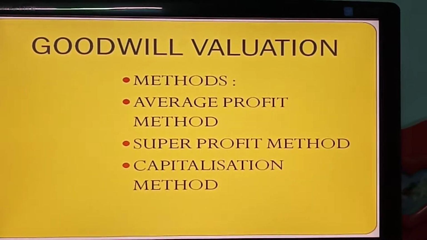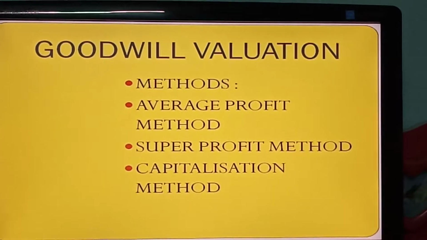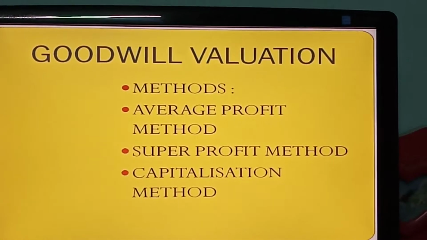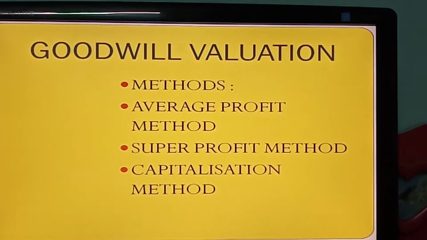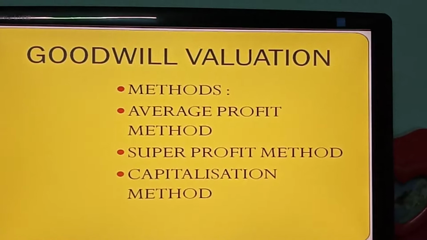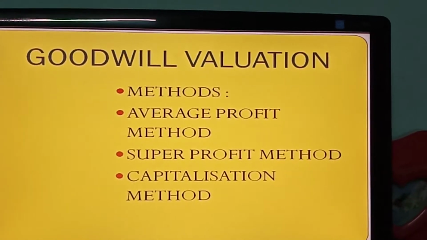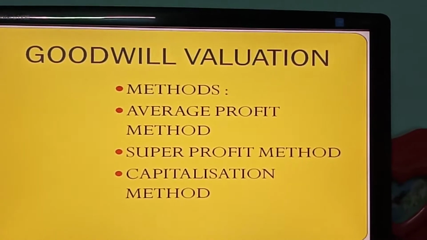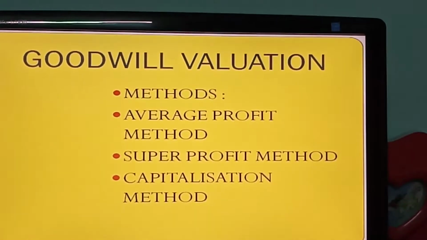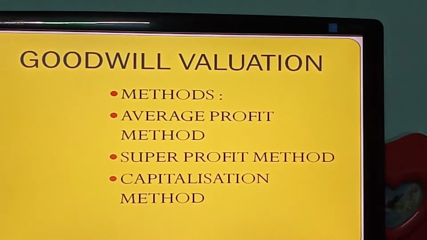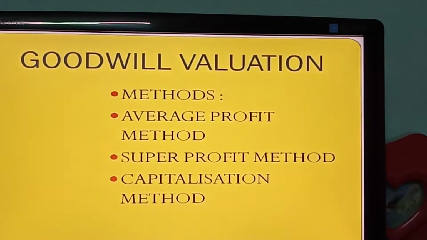Again and again I have said that valuation of goodwill is a subjective assessment. The value of goodwill is a personal assessment of the valuer and is usually agreed among the partners. It is valued as per the method stated in the partnership deed or as per the method of valuation agreed by the partners.